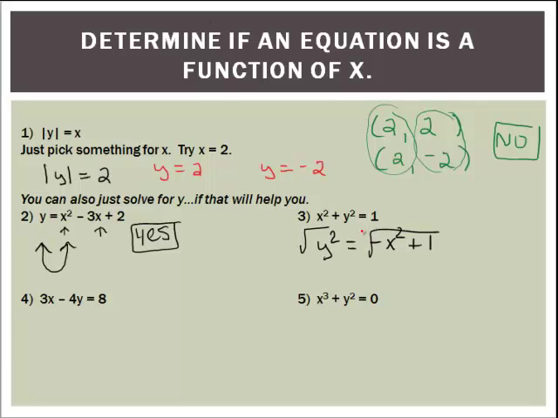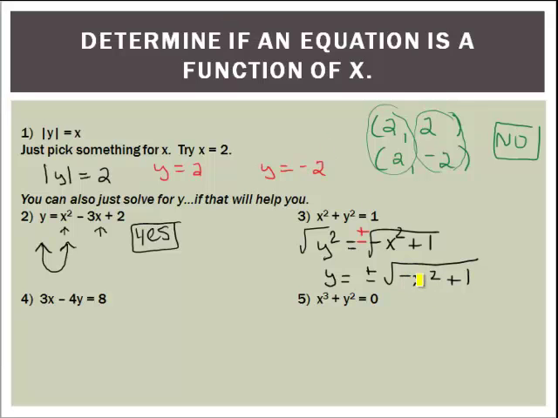Well, don't forget, when you take the square root of both sides, you have to take the positive and the negative solution. So you get y is equal to plus or minus the square root of negative x squared plus 1. Well, have a look at this.